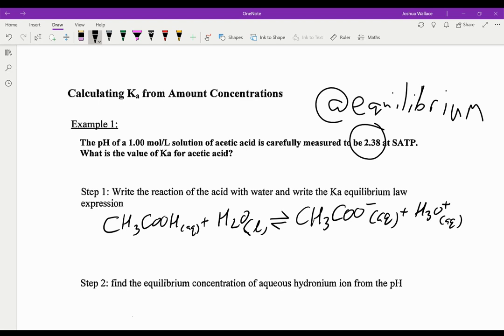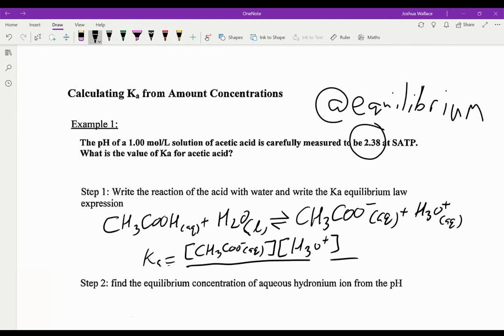And it wants us to write the Ka equilibrium law. So Ka is [CH3COO-] times [H3O+] over [CH3COOH].